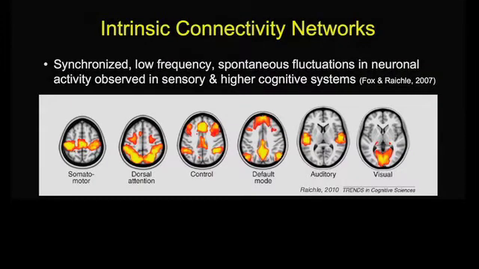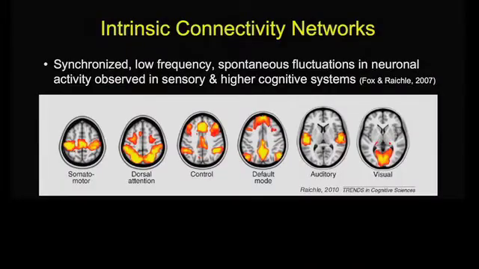Okay, now what you see here are several different intrinsic connectivity networks that have been identified. So basically, in a nutshell, the notion here is that regions that tend to subserve similar functions tend to activate or oscillate in activity together. So you have some of the basic sensory systems, like the auditory areas, the visual areas, or the somatosensory areas, but you also have more higher order networks such as the control system and the dorsal attention, and then the default mode network I'll tell you about in a minute.